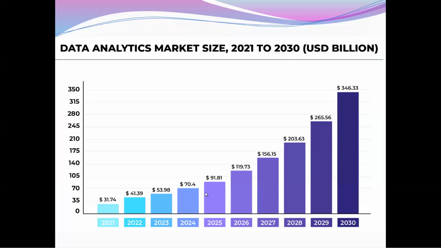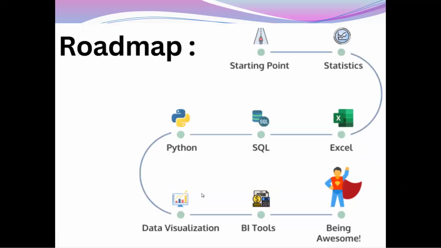And we've seen the job trends, how the demand and growth for data analysts you can find here. Next, to become a data analyst, a roadmap we discussed. And we discussed a few more points here.